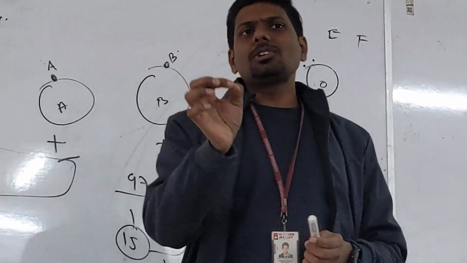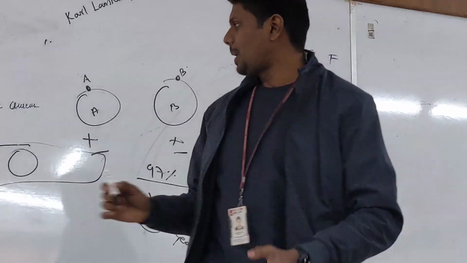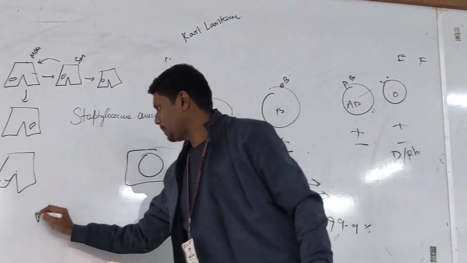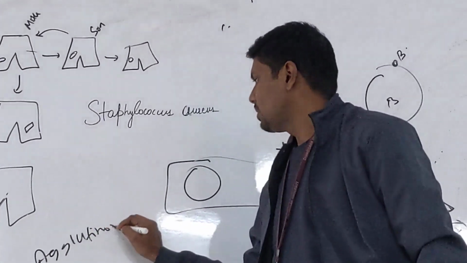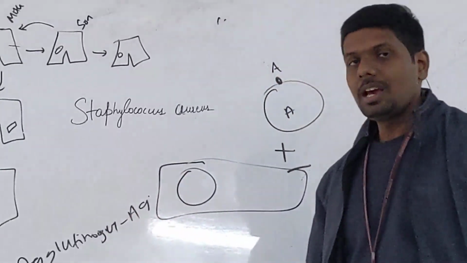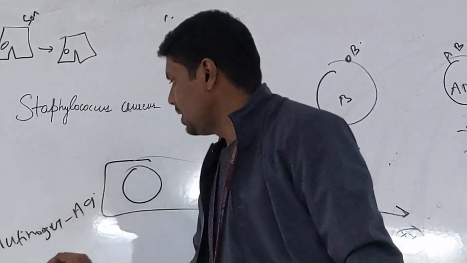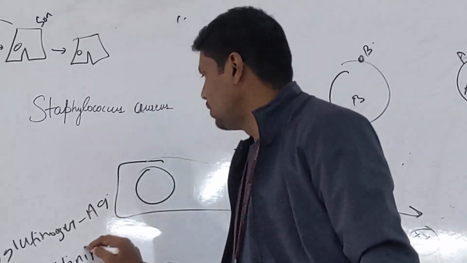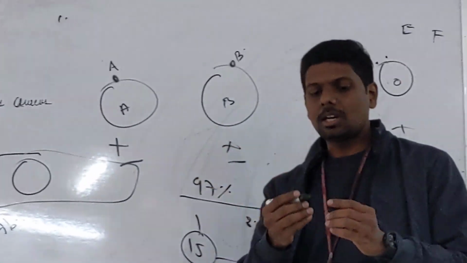I'm writing two terms here, keep them in mind. Agglutinogen, that is antigen. And another one is agglutinin, that is called antibody. These are the words I will use now.